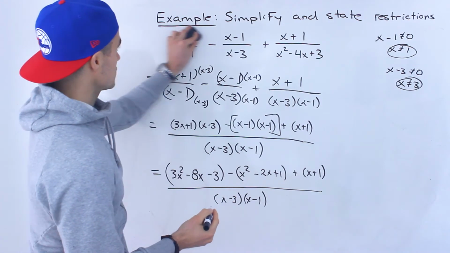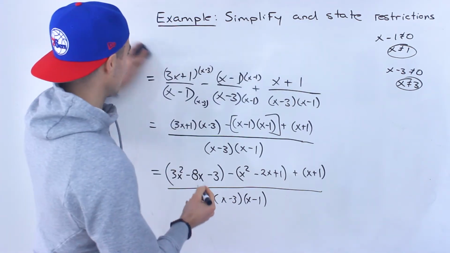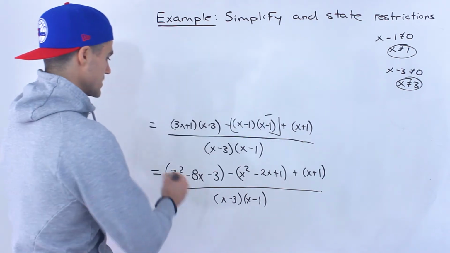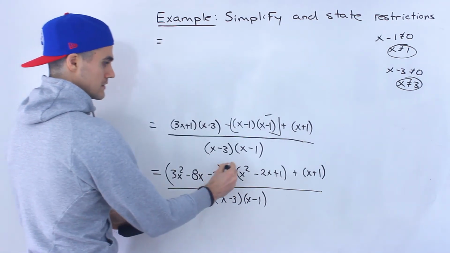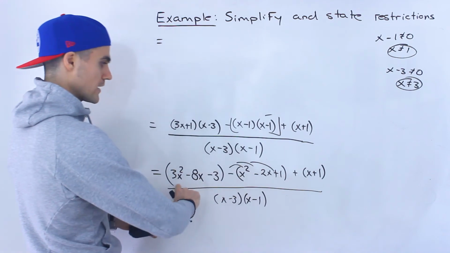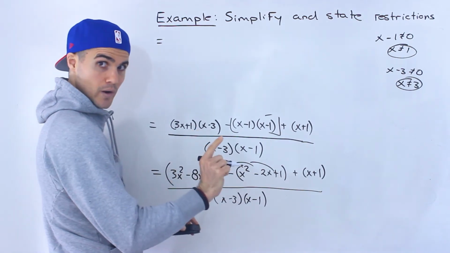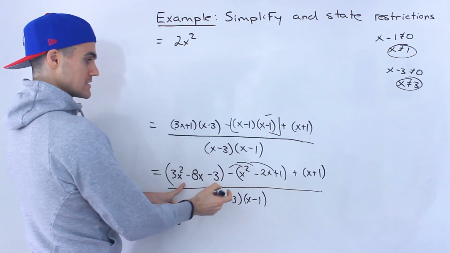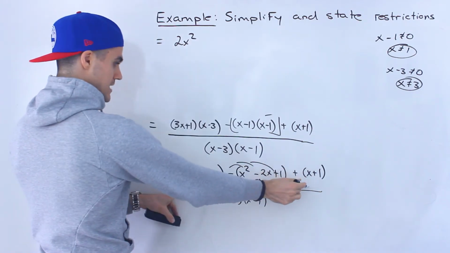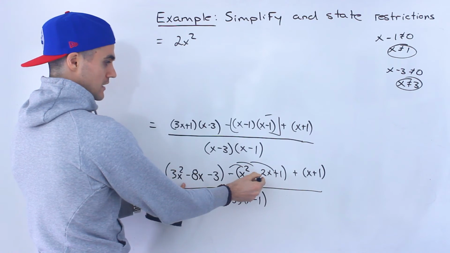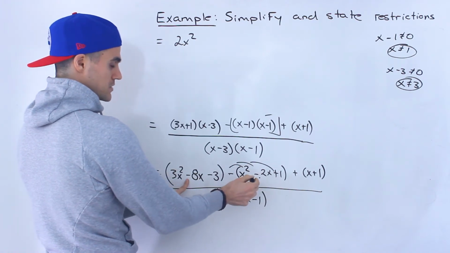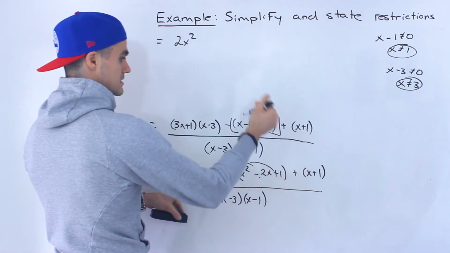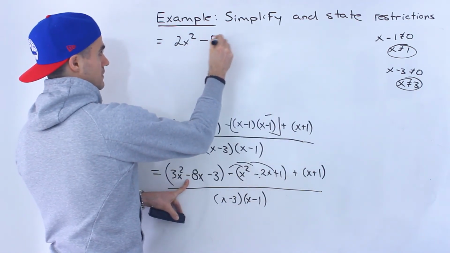And then what I'm going to do, I'm actually going to continue this up here. So if we simplify everything, this negative, we're going to have to distribute. 3x squared minus x squared would be 2x squared, minus 8x plus 2x plus x. This negative turns into a positive. So minus 8x plus 2x gives us negative 6x plus x gives us minus 5x.